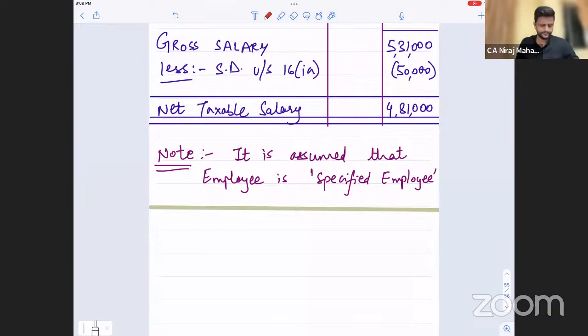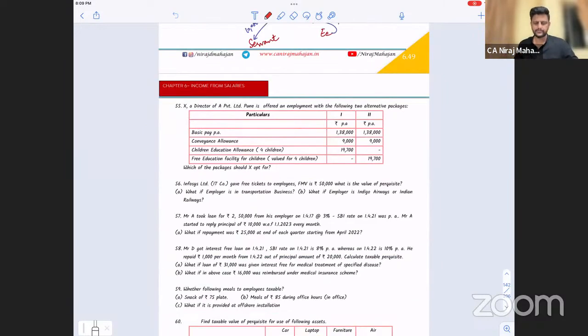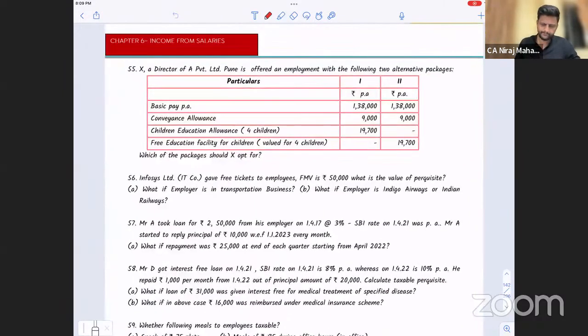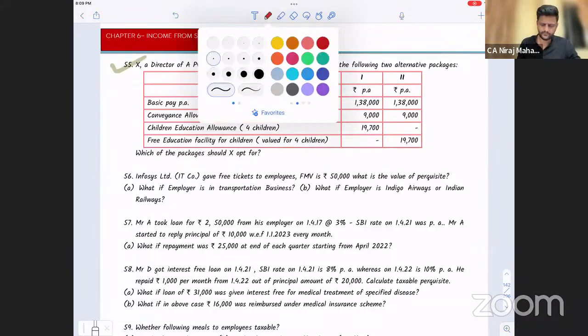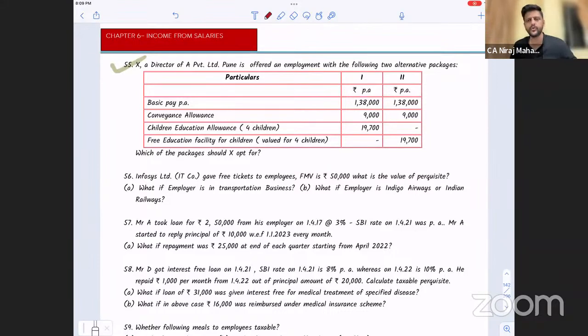Done till here? Okay, everybody? In fact, there is no category that you will get a question only on a specified employee, but you should know whether he is a specified or not a specified employee.